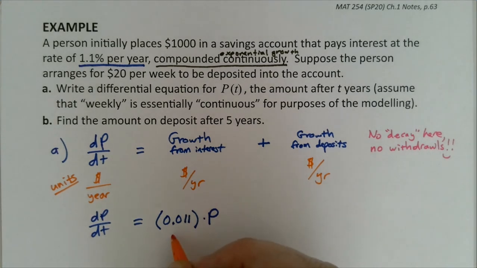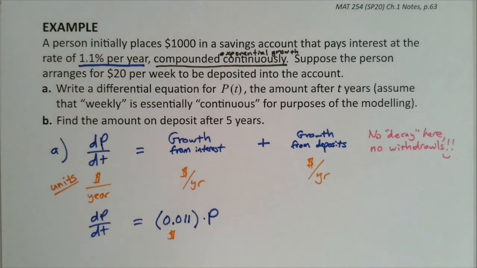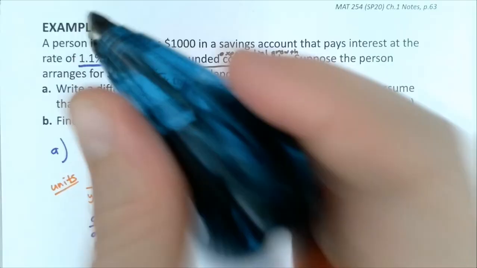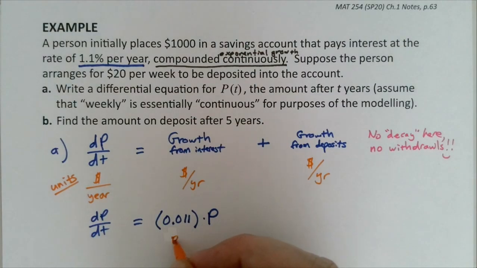Because this has units of per year, right? That's all that it has for a unit. And this has units of dollars. So multiply them together and you get dollars per year.